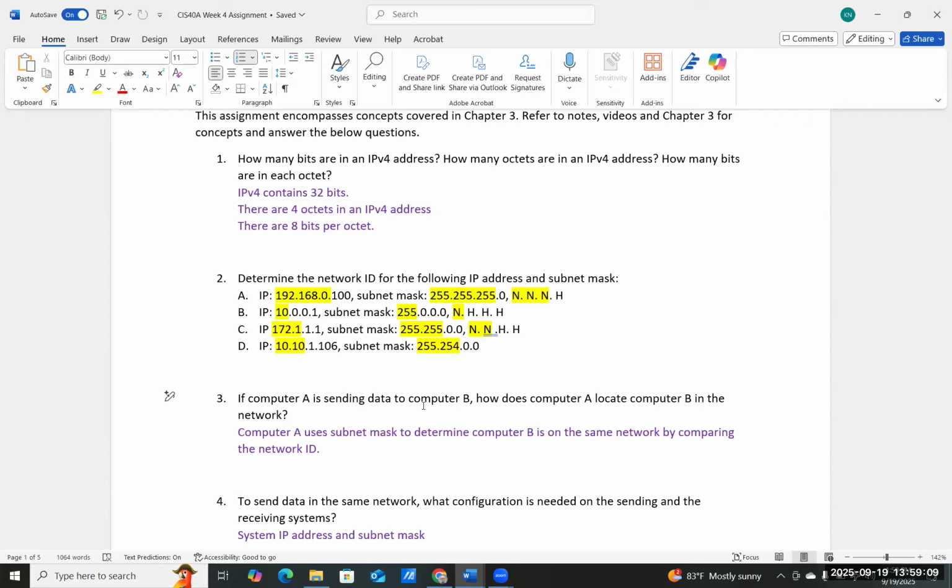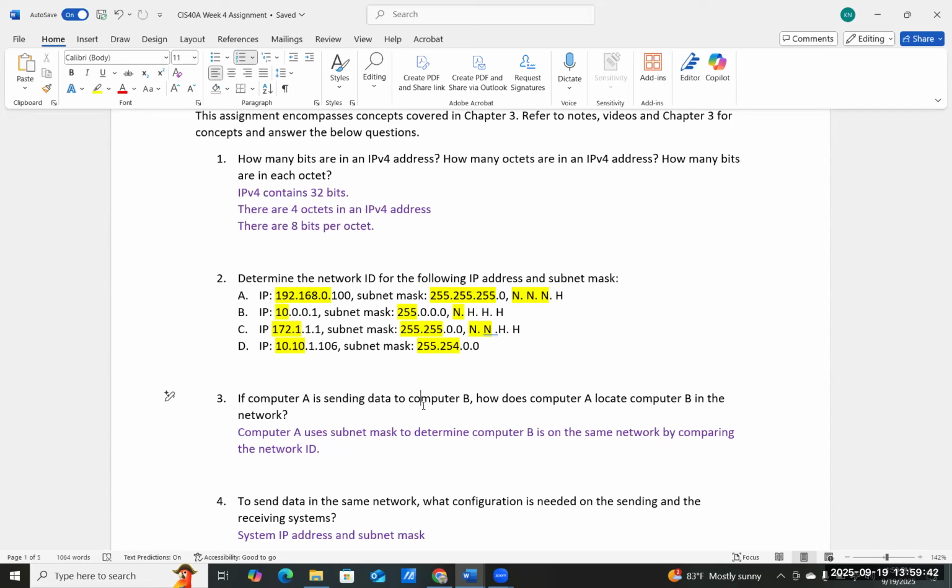So computer A, this first system, is going to look at the subnet mask of the destination that it's sending to. It's like how you are sending a package to your friend. The zip code is going to determine what town that package is going to go to. So the post office is going to look at the zip codes. So the system, the way that it handles the traffic, is going to look at the subnet mask, which is the zip code.